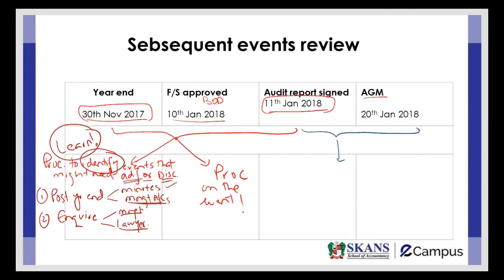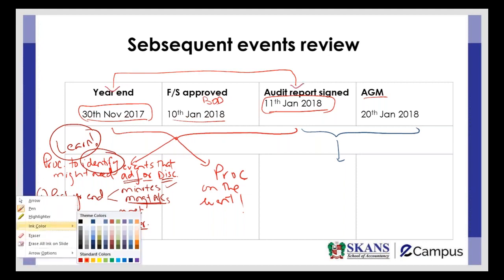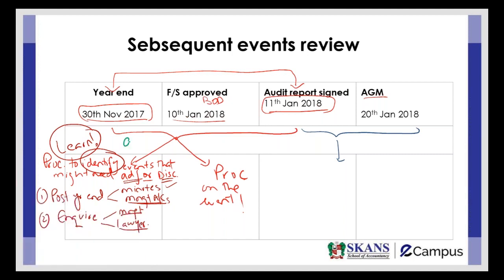So your auditing standards say that from the year end until the audit report is signed, you have to look for events that might require adjustment or disclosure, and once you are aware of events, you'll have to work on them. By work on them, again, find out whether you need an adjustment or a disclosure, etc.